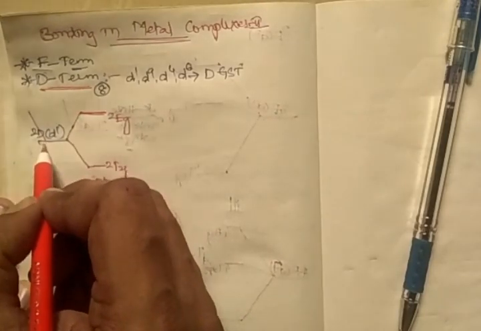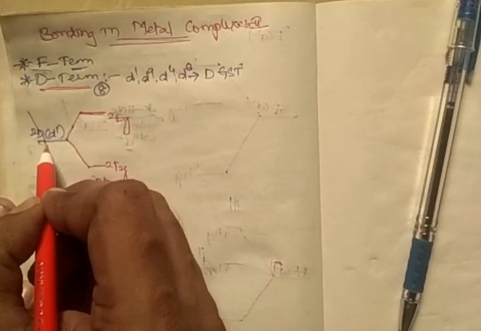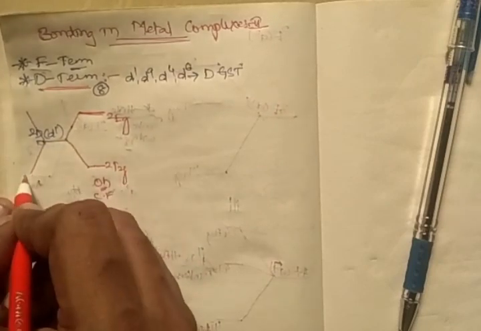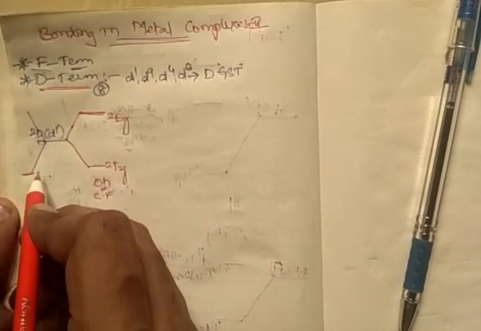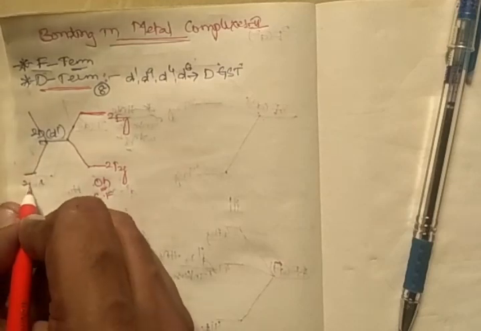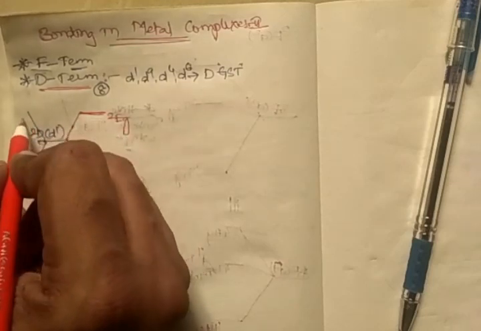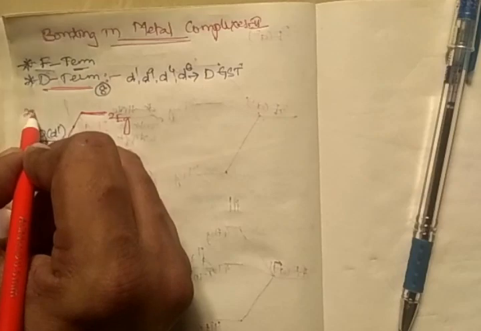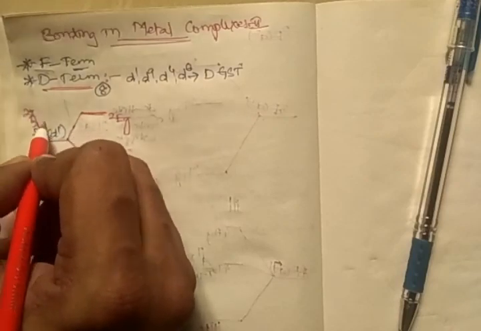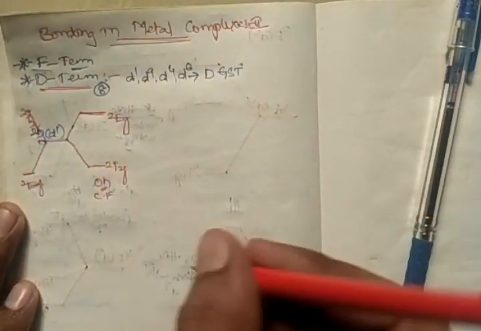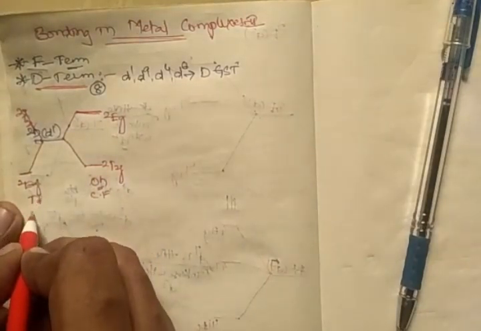Now in tetrahedral, the lower energy state will be 2E and the higher energy state will be 2T2, right? So this is in the tetrahedral crystal field.